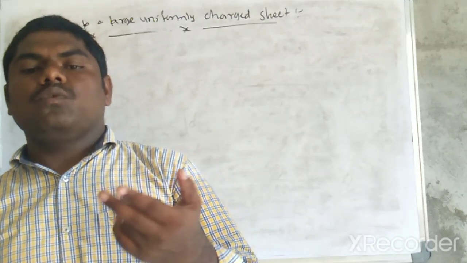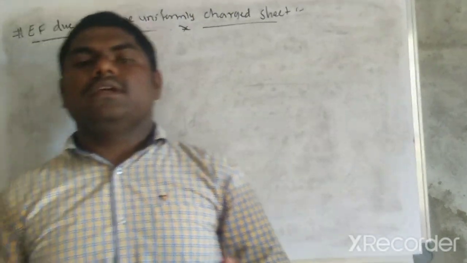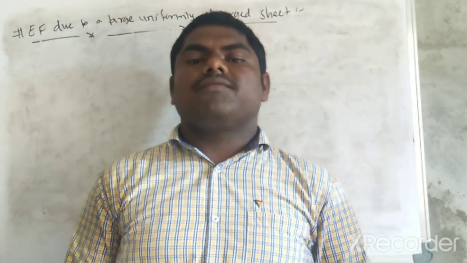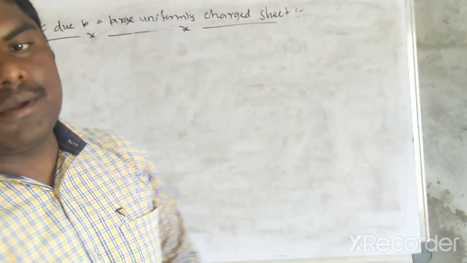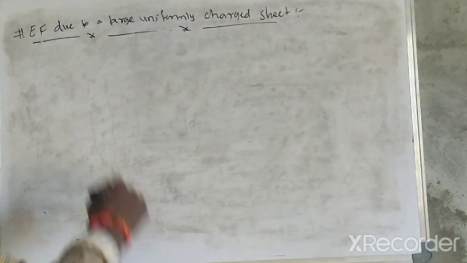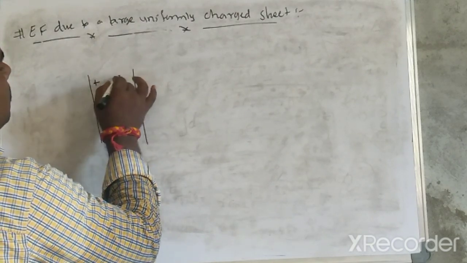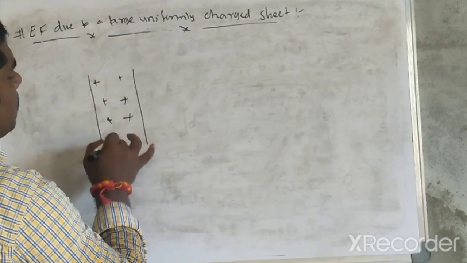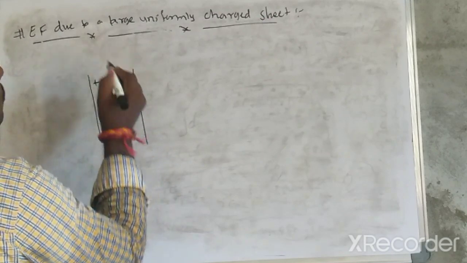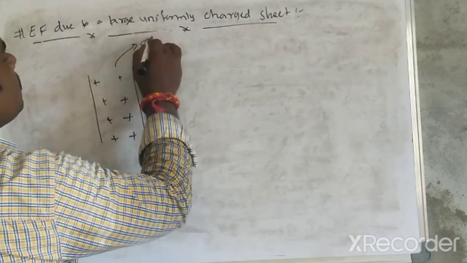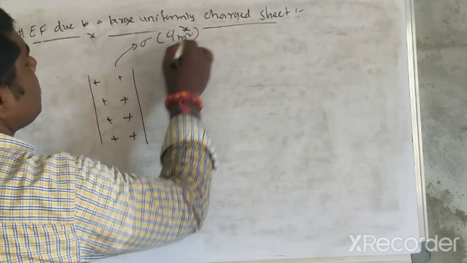Here is the sheet, with charge density sigma coulomb per meter square.